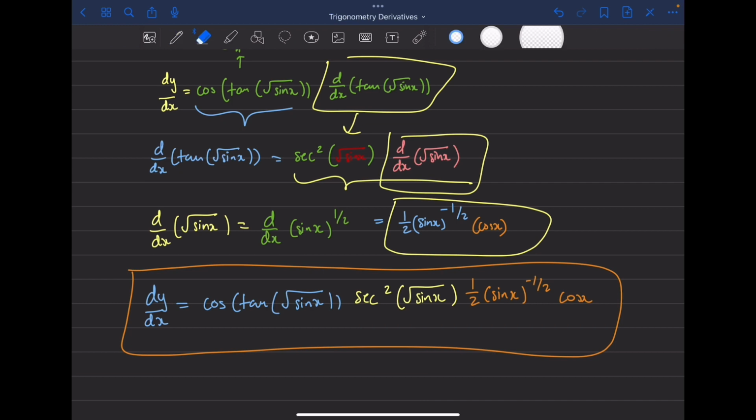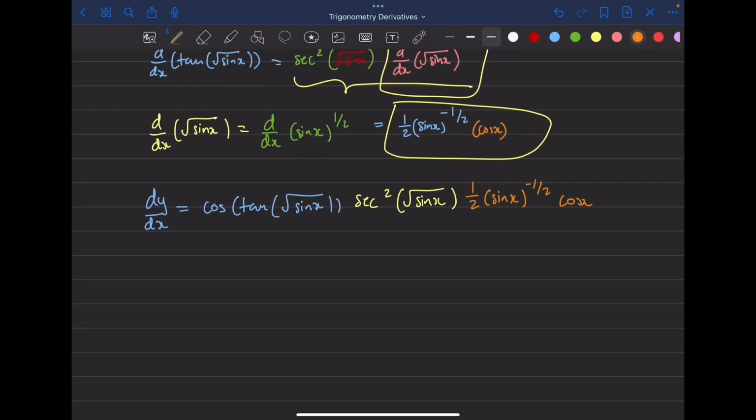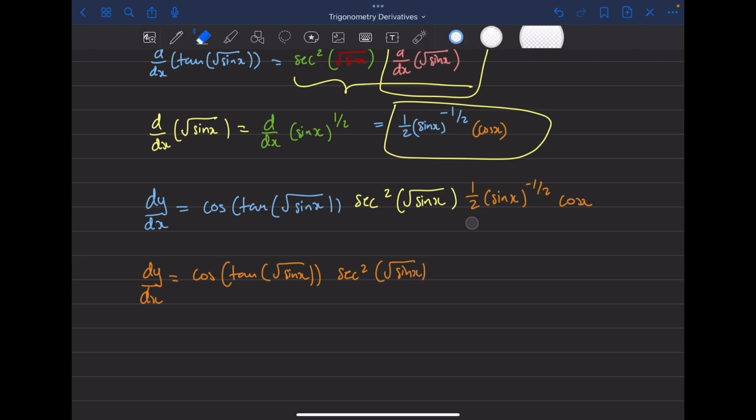This is completely valid, but I'm gonna make it look a bit nicer, because this is always something that you want to do. Okay, so dy over dx is equal to cosine of tan of the square root of sine x multiplied by secant squared of the square root of sine x. And then the 1/2, this can go to the bottom of a fraction and put a 2 on the bottom.